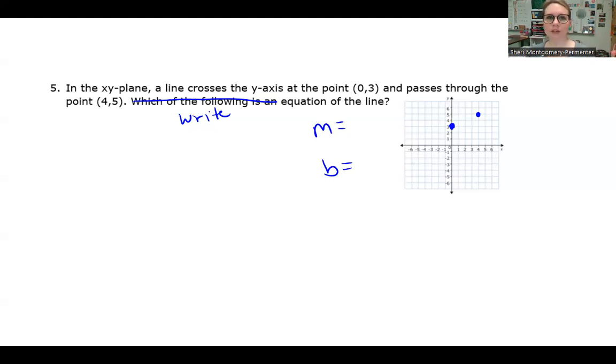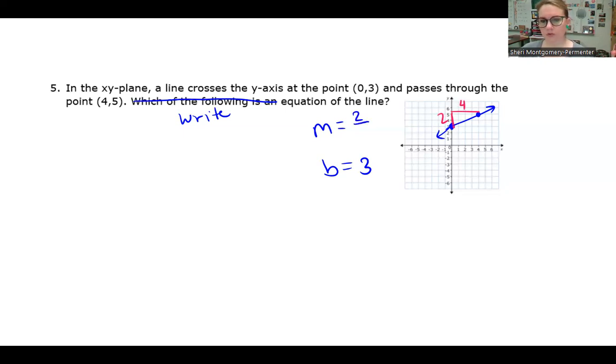What is the y-intercept for this one? 3. It's not 0, it's 3. And then to find my slope, how far up do I go? Do I go 3? I think that you go up 2 and then you go over 4.